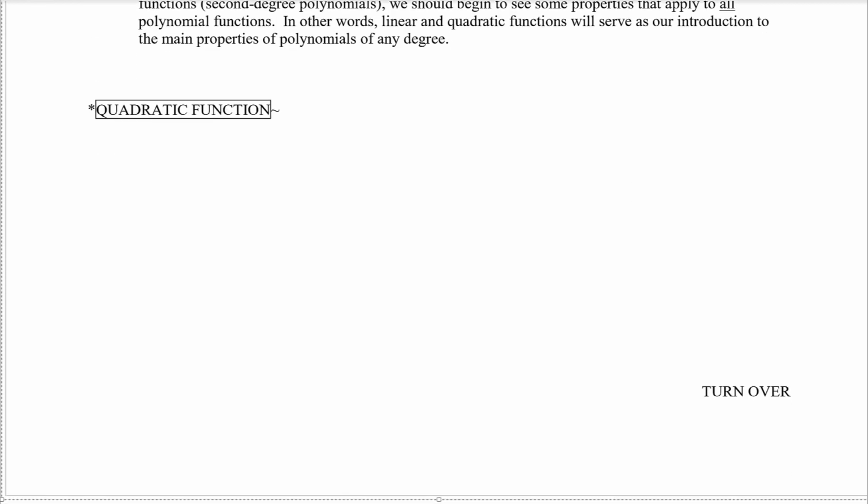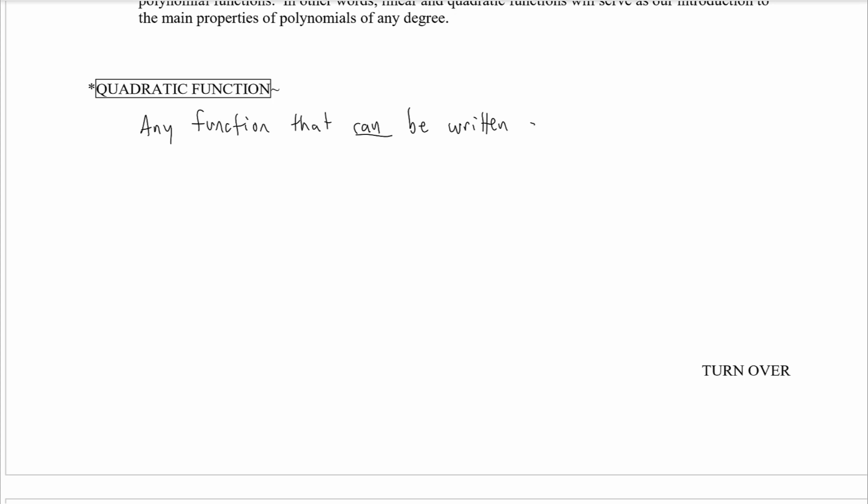So without further ado, let's define a quadratic function. So a quadratic function is any function that can be written as f of x equals ax squared plus bx plus c, where a cannot be 0, because if a was 0, we wouldn't have an x squared term, so then we'd have a linear function.